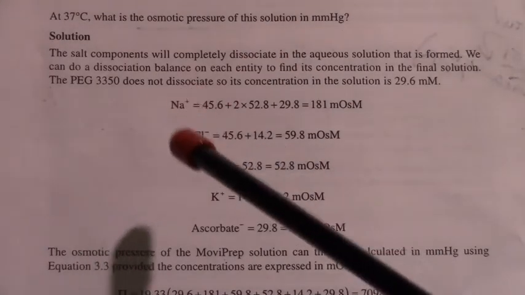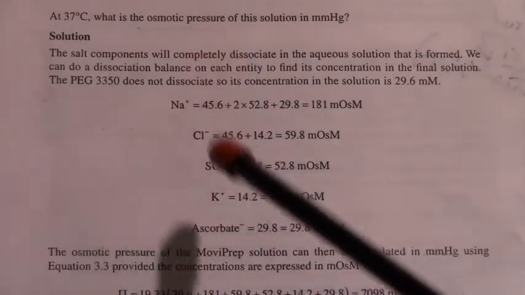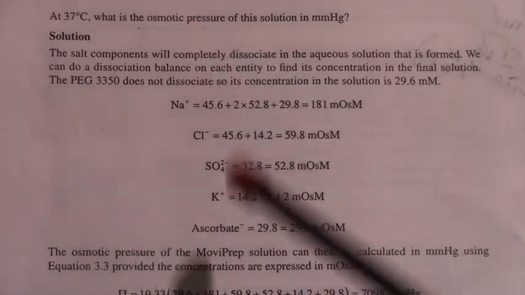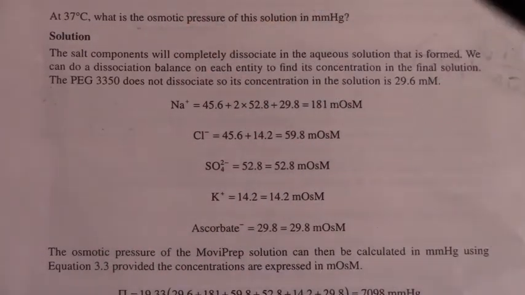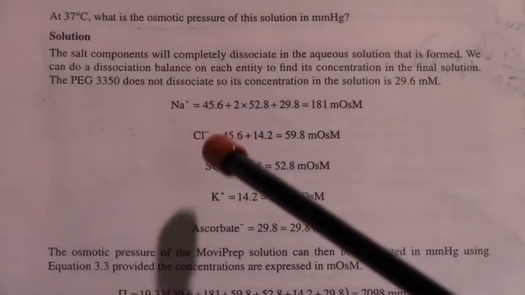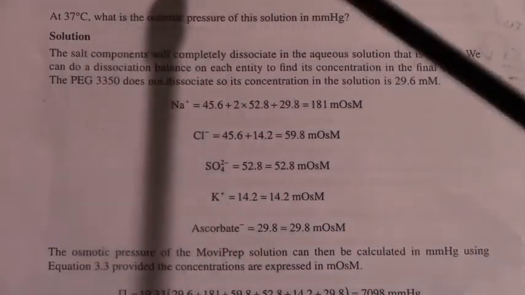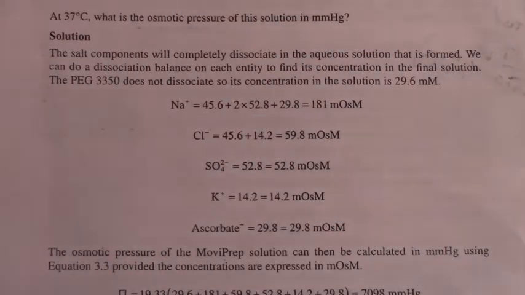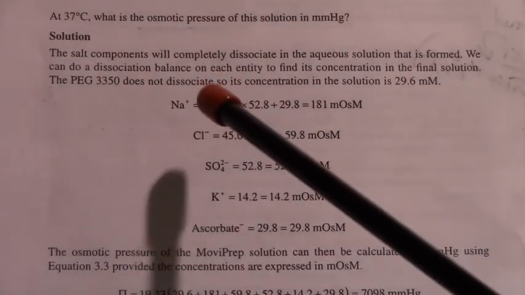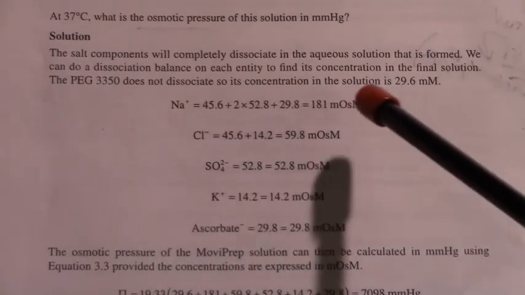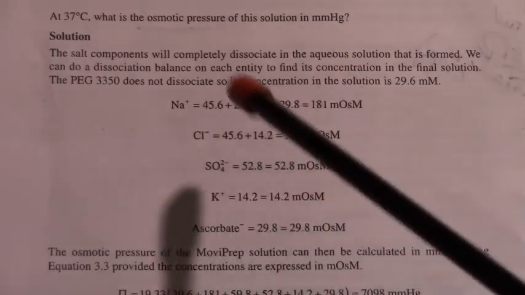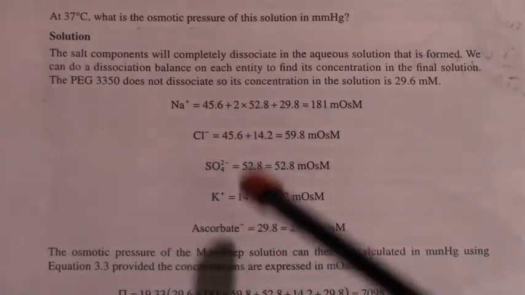You can see I write a balance now on each of the species that I know, each of the entities that's going to exist in the solution, and each of the solutes here, these are all the guys that are going to be present. And then I have to figure out from the dissociation calculations, which are really chemical reactions, how many millimolar concentrations I'm going to have of each of those guys. So that's outlined right here.